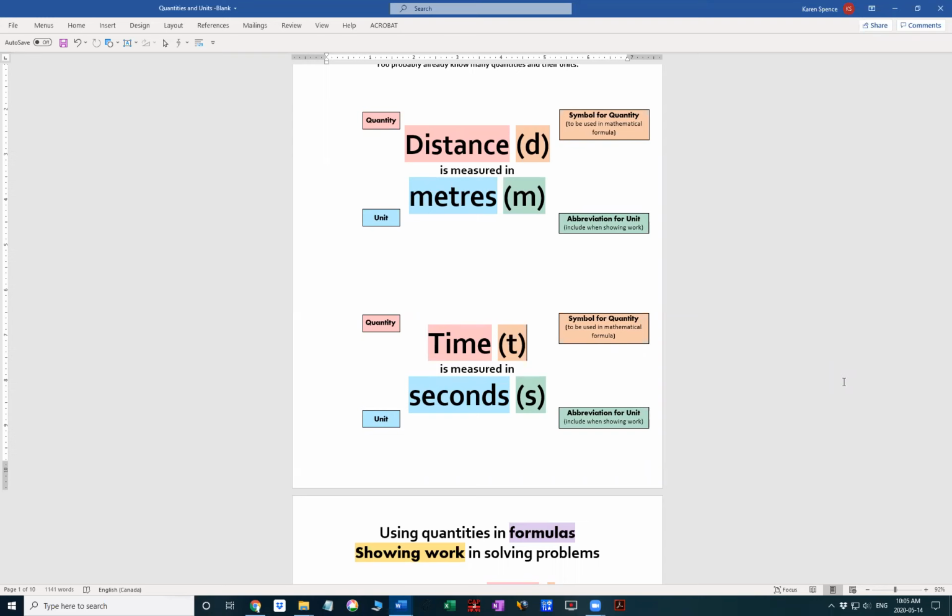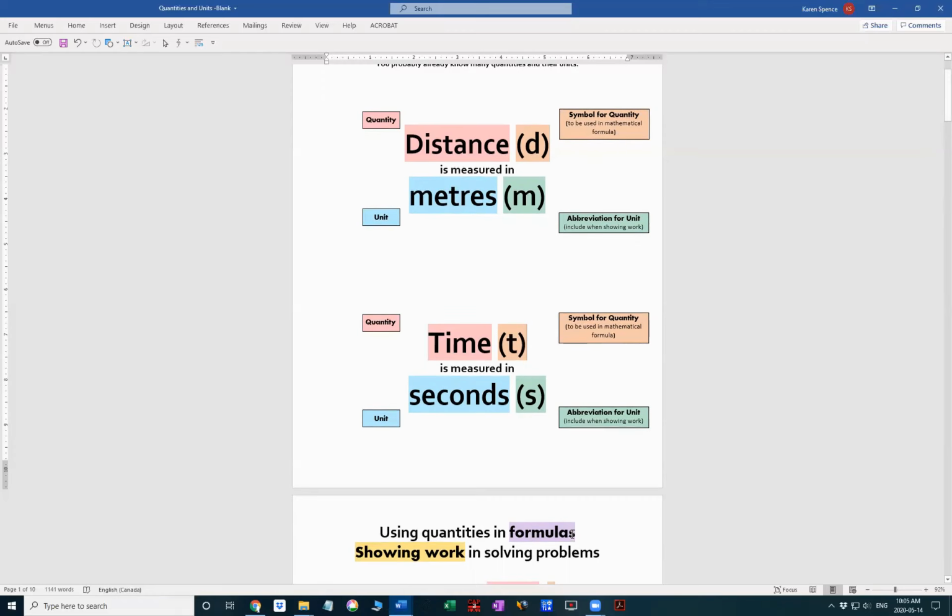If I gave you the distance that a car traveled in an hour, what could you calculate? How fast? Absolutely. You could calculate how fast. So you're calculating the speed. Okay. And there is a formula for speed.